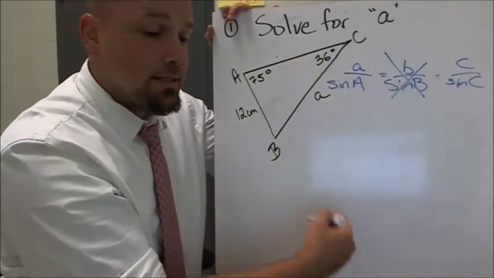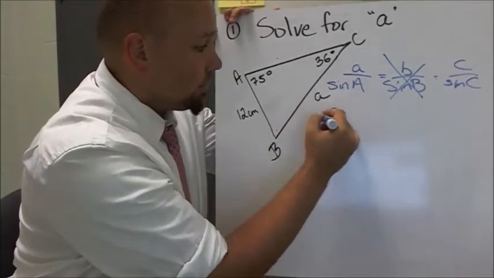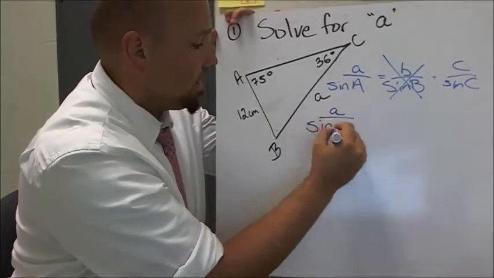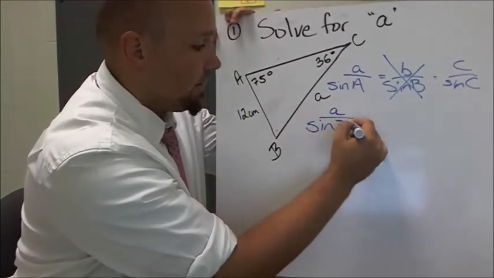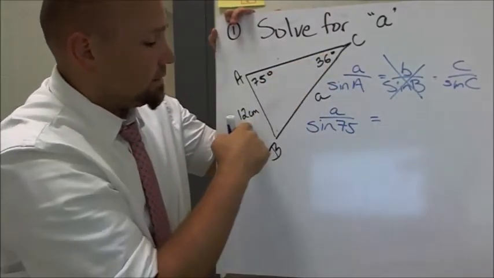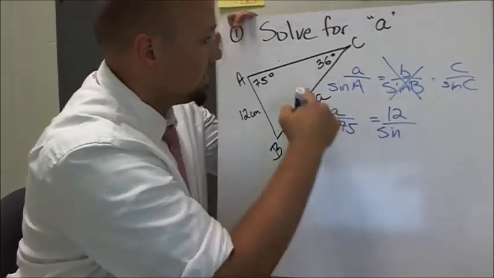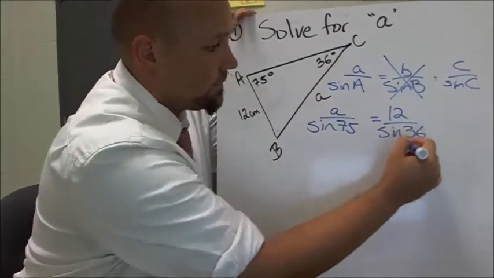So let's rewrite this now with the numbers where I have them. So little a, I don't know, over sine A, 75. Little c is there, 12 over sine C, 36.